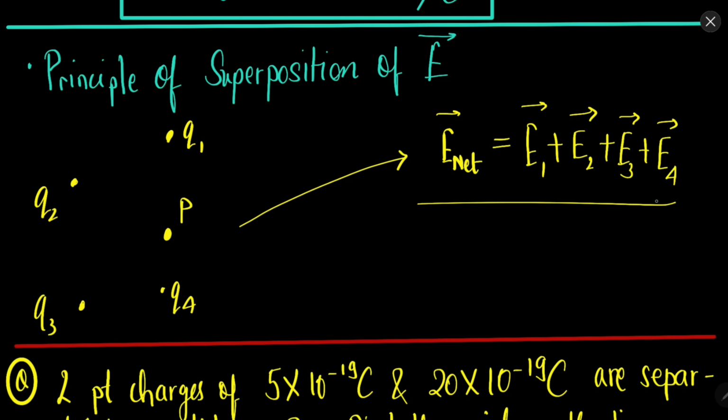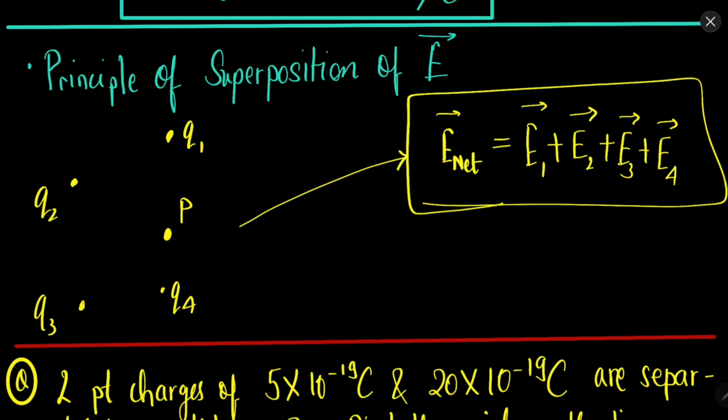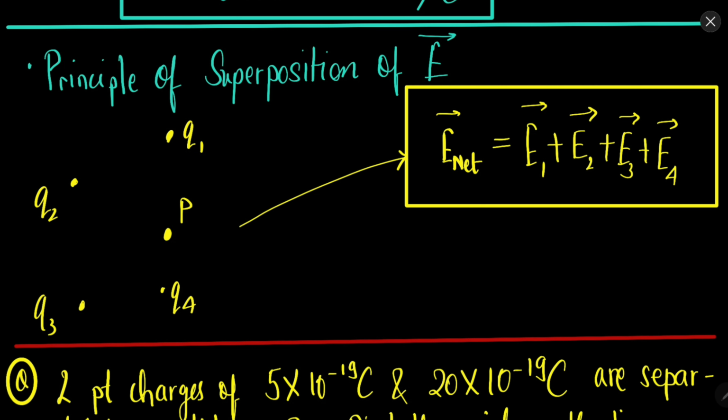It can be found by the individual vector addition of the electric fields. The electric field of Q1 on P is E1, Q2 on P is E2 and so on. To find the net electric field on P, you can use vector addition. This is called the principle of superposition, so electric field also follows the principle of superposition.